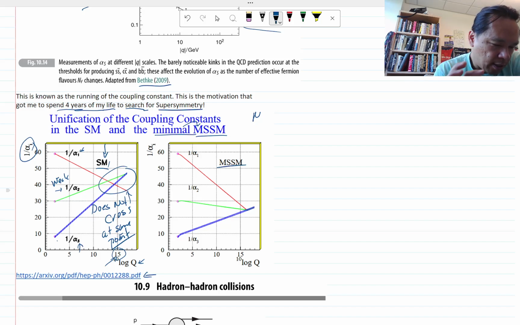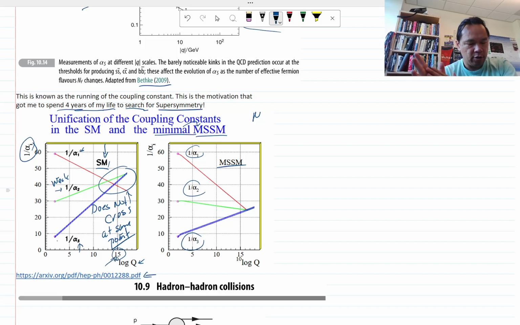What this does is that you add a few more supersymmetric particles to the 17 we already have. If you were to do that, it modifies how these coupling constants behave as a function of Q. And if you tweak the masses correctly, with certain masses, they all end up in the same place. To me, that was kind of magical.